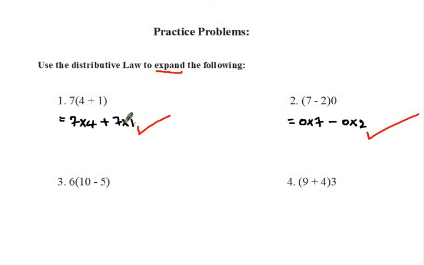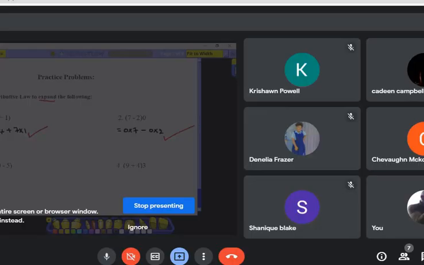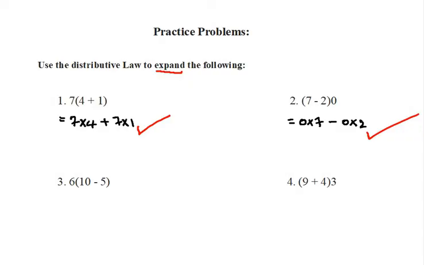All right, so this is Powell, this is Blake. Fraser, number 3. So what would be the teacher in this case? What would represent the teacher? 6, sir.